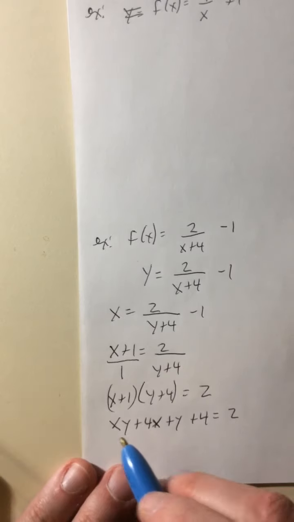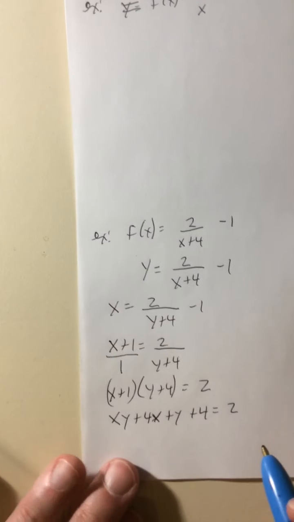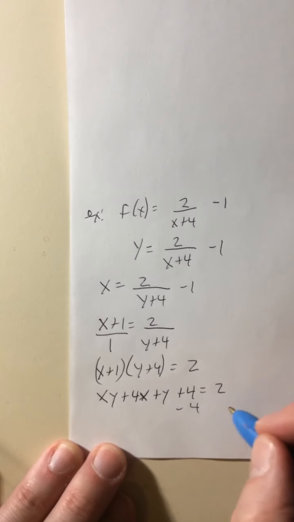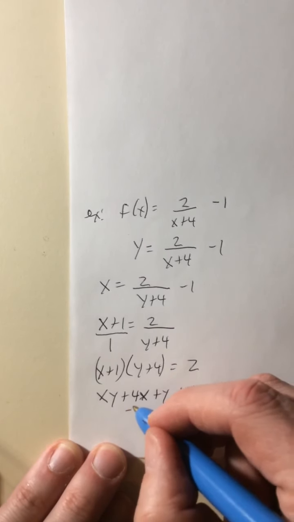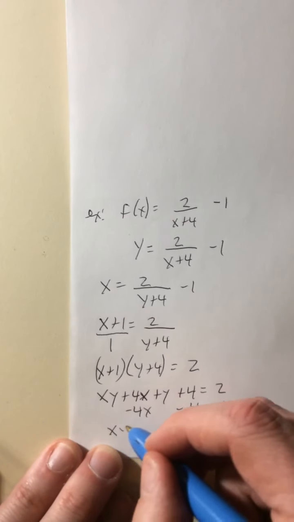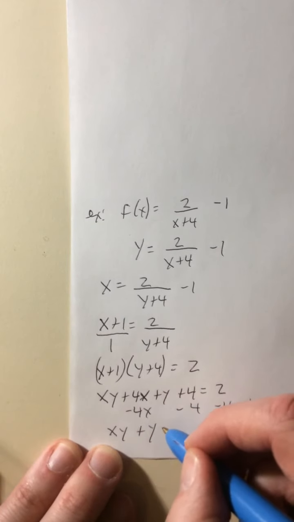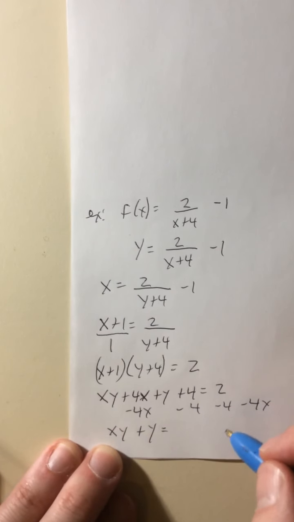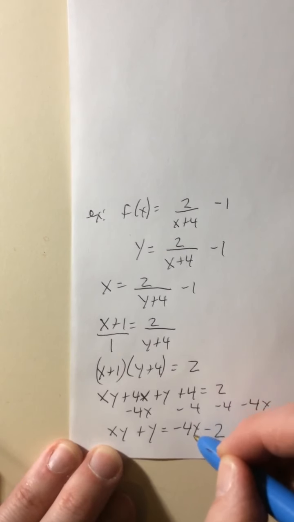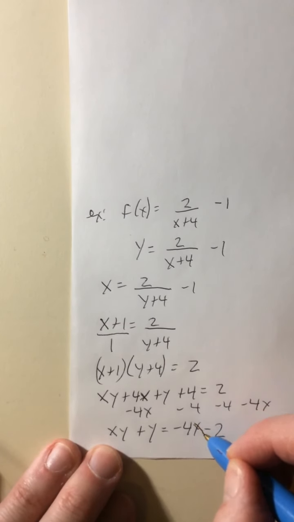And again, we're going to try to solve for y, so that means move everything over to the other side that's not a y. So we'll subtract 4, and we'll also subtract 4x. Just doing 2 steps at once here. So I'm going to have xy plus y equals 2 minus 4 is negative 2, and negative 4x is just negative 4x.